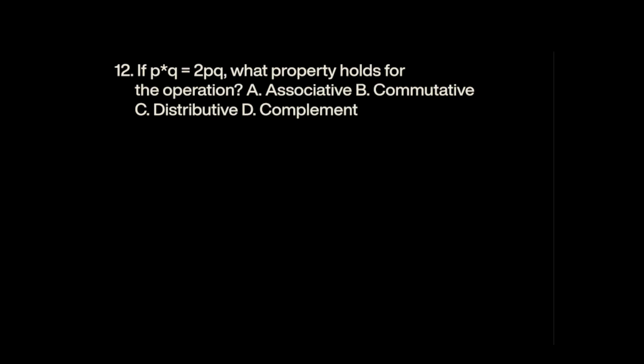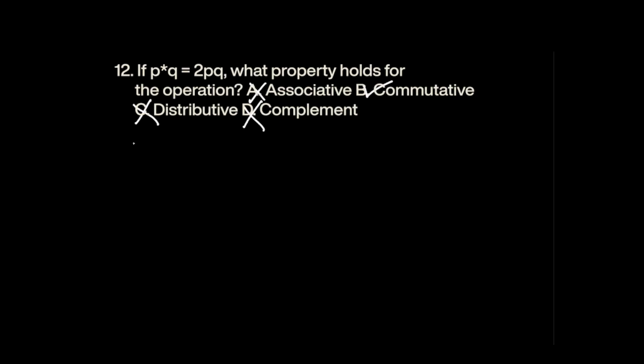If you look at it, you don't have any property of algebraic law referred to as complement. Associative has to do with more than two elements. Distributive has to do with more than one operation. So the answer is going to be commutative.